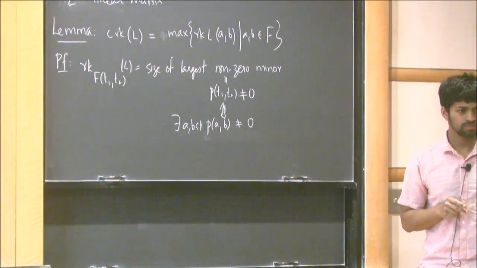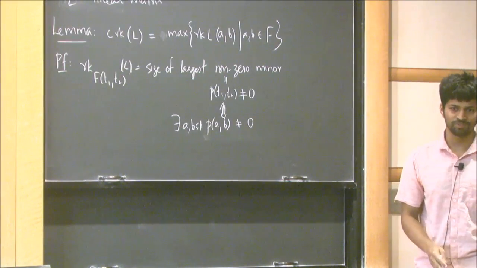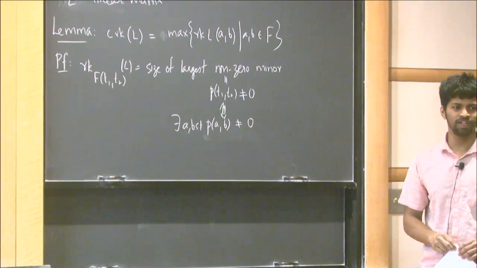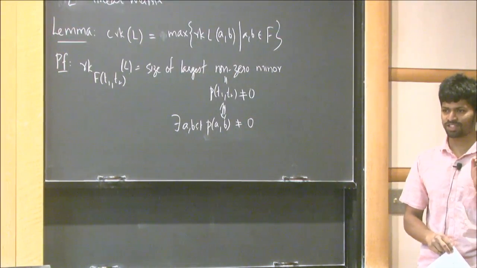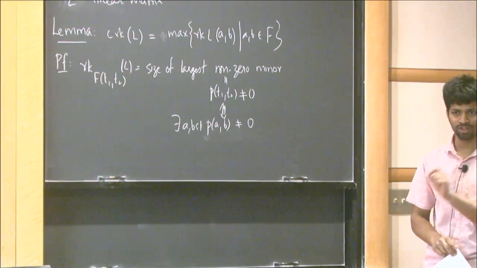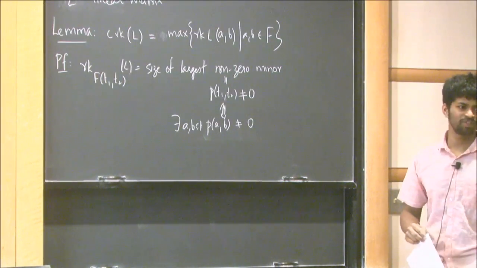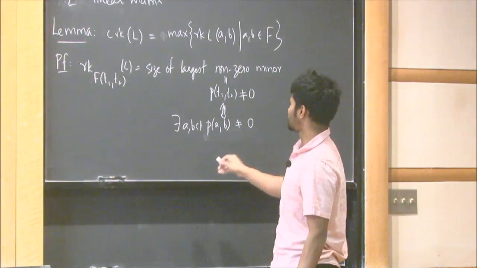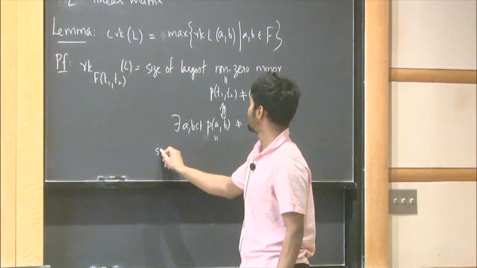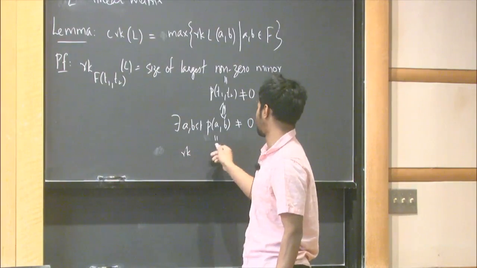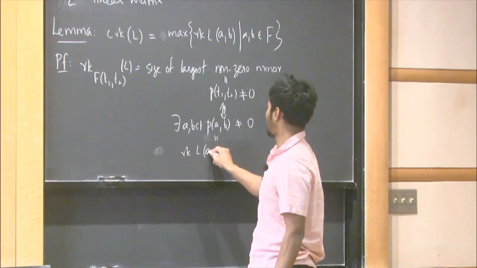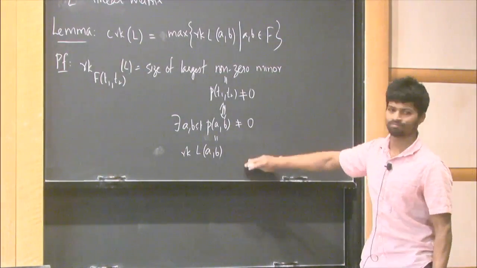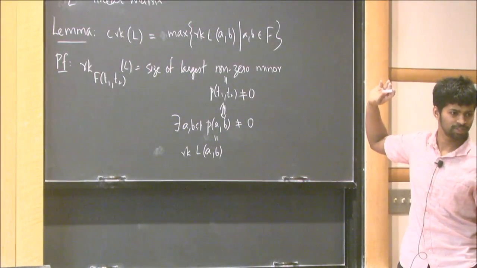This is where I need the fact that my field is infinite. Once you have an infinite field, a polynomial being non-zero is the same thing as being able to find some numbers to plug in so that you get something non-zero. For finite fields, you can have things like x to the p minus x and so on. But then once you have this, this shows that the rank of L at A, B is the maximum. Does that make sense?